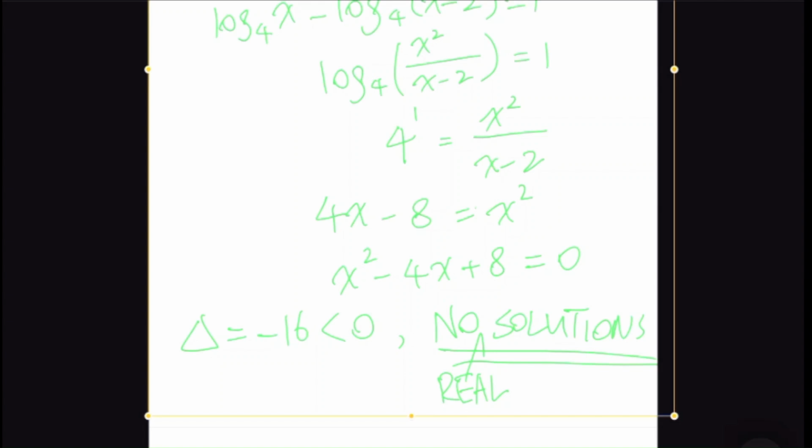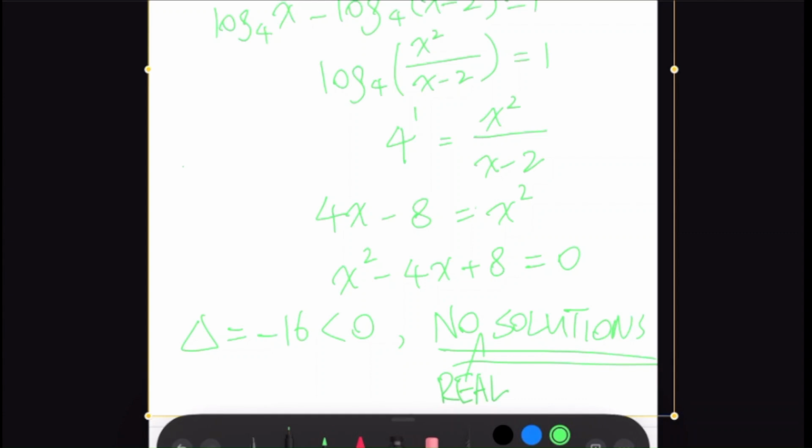Sometimes people do forget the whole discriminant thing because that was back in year 11. Wait, how do you get the discriminant? Great question. When we look at that equation, the discriminant is equal to b squared minus 4ac.